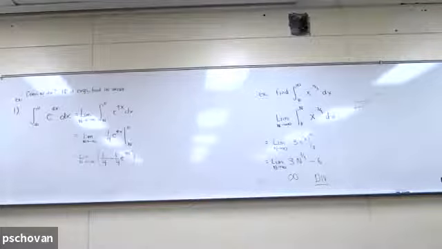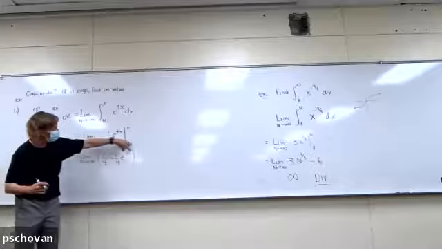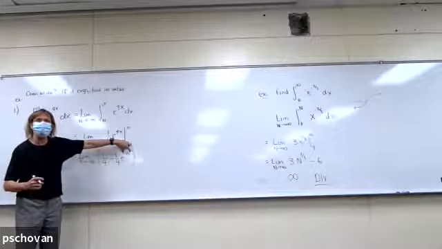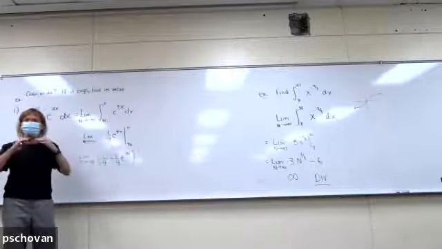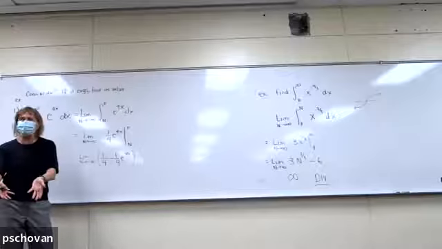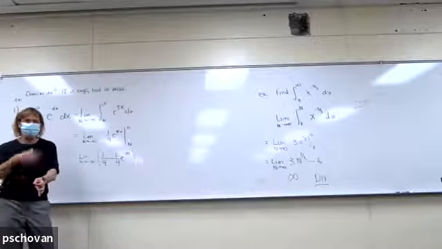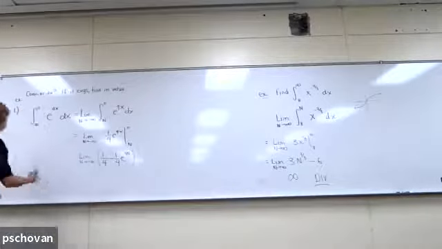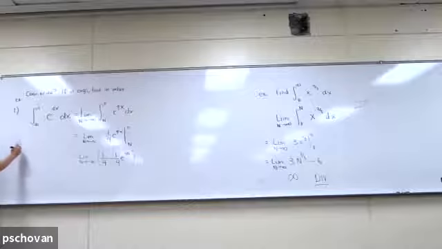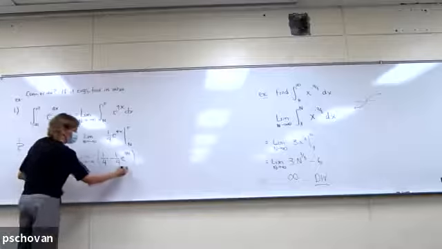So n is going to a very big negative number. So this is a big negative exponent. E to a negative power is the same as 1 over e to that positive power. So what happens to 1 over e to a positive power as that power gets bigger and bigger and bigger? Close to 0. For a limit, we're going to say it's equal to 0. So this is going to go to 0.